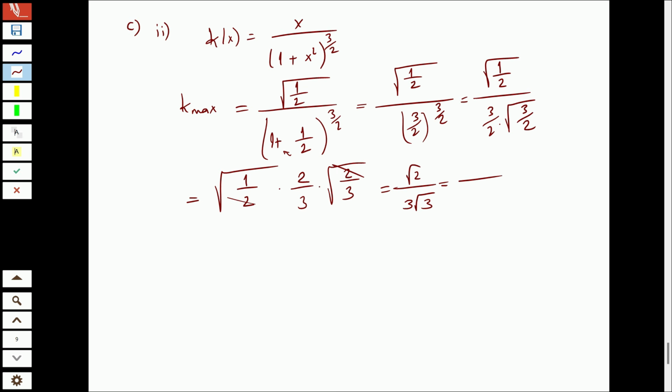Sorry, this is 2, not square root of 2. And if you multiply both up and down by square root of 3, you will see that from here you can write again 2 times square root of 3 divided by 9, right?